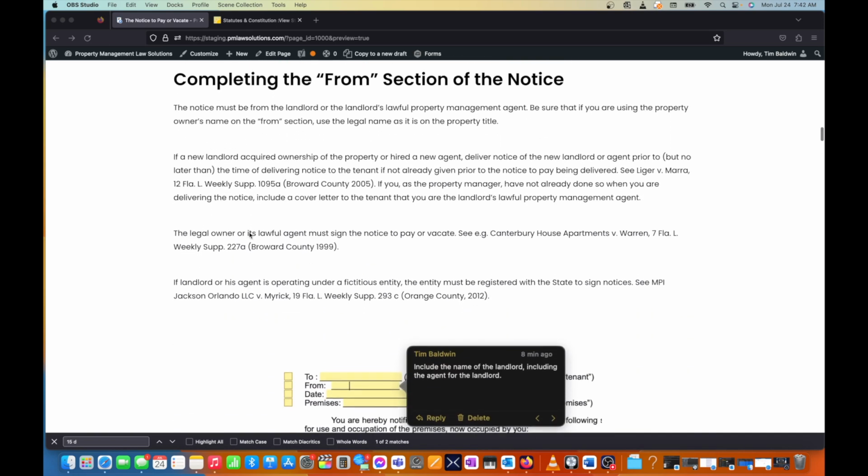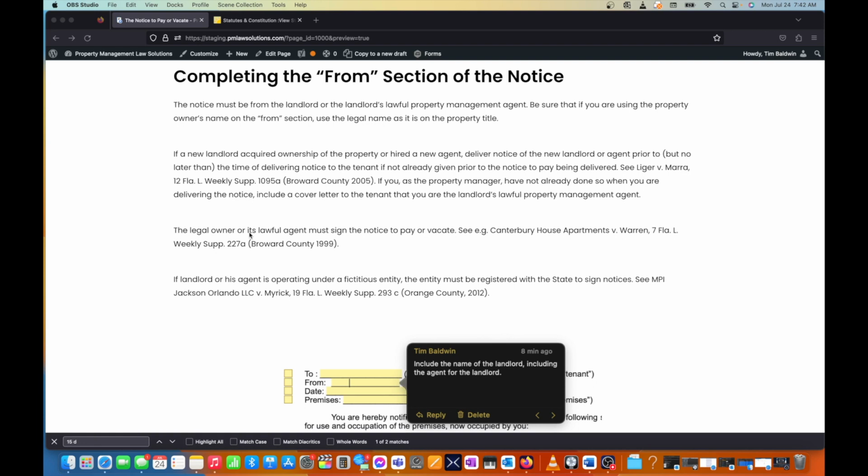Under the from section, it's coming from us, the property management company, so we put our business name here. There are other issues that don't have a lot to do with us, because when we send out a notice, we're sending it from us on behalf of the landlord.